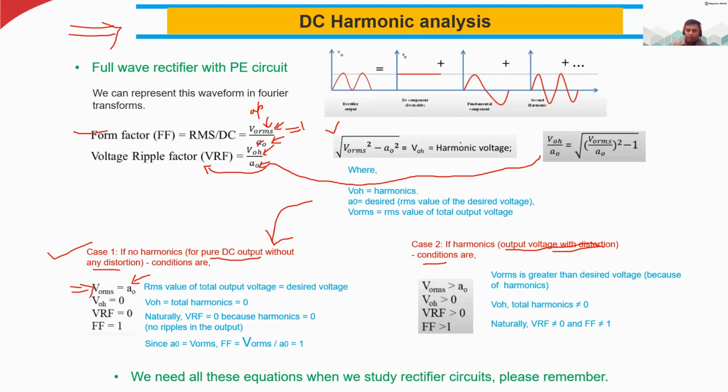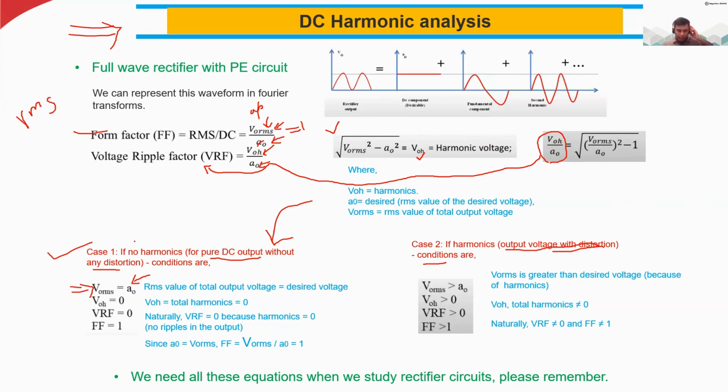Then we made the equation for harmonics only, and we divided it by the desired voltage on both sides. Then we get this one, and this is called the voltage ripple factor. And we also have another one. This is the harmonics divided by desired voltage, and form factor is total voltage divided by desired voltage. We are handling everything in terms of RMS.